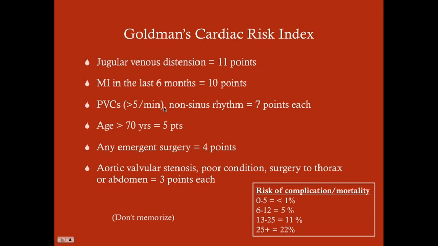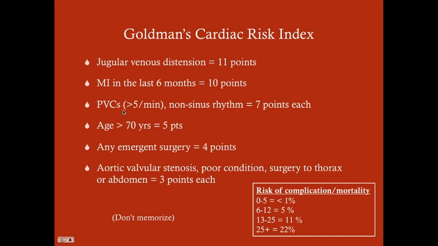So that right there is why we don't operate on them if they're not fixed. So jugular venous distension is the #1 risk factor. MI in the last 6 months, again, that puts you right in the risk area, about 5% almost. So that's again why we like to get out of that 6-month period.